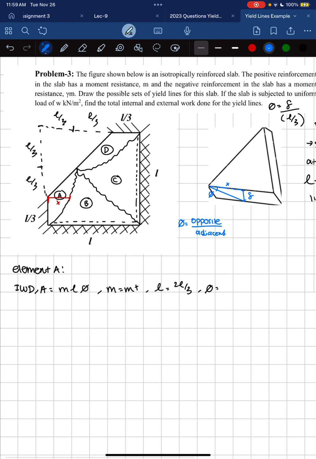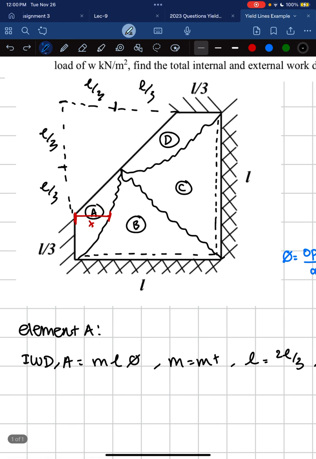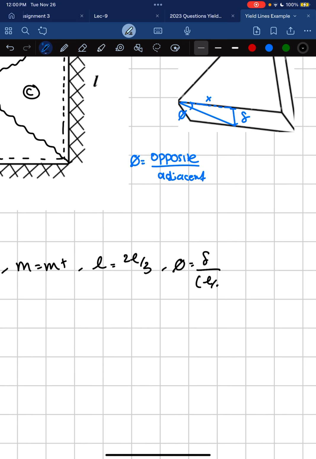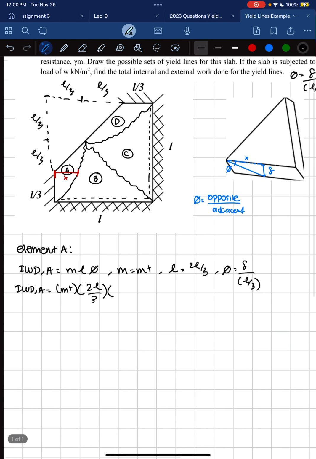That's how I picture it. So your theta would just be your deflection over the x distance, and the x distance in region A is just L over 3. We can line things up with that. So it would just be m positive times 2L over 3, times L over 3, which eventually cancels out to being that.